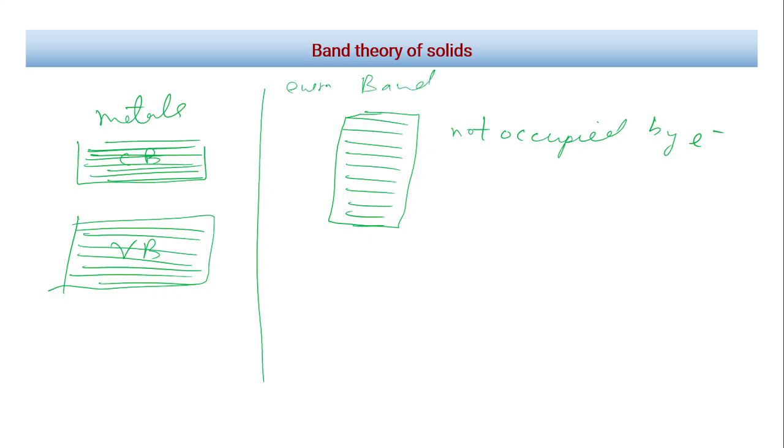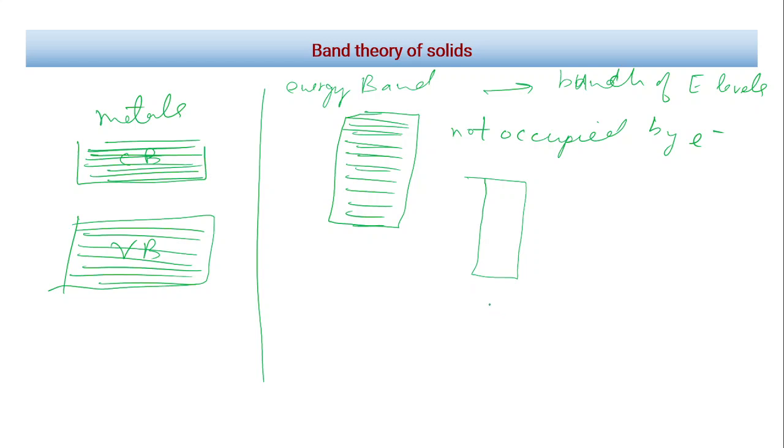It's not a scientific definition, but for your clarity, it's like a bunch of energy levels, all the possible energy levels. So they are very closely spaced. That's why I'm drawing like this. But usually when that energy band is not occupied by electrons, we simply represent it as empty. When we show it's empty means it's not occupied.